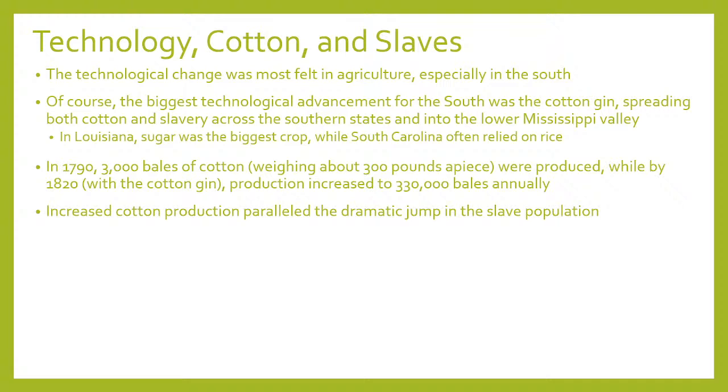Running it through a cotton gin wasn't nearly as difficult as sitting there trying to pick it out. You now need the whole growing process. In 1790, there were about 700,000 slaves. By 1820, it had doubled to 1.5 million. So maybe not quite the jump from 3,000 to 330,000, because that's certainly more than doubling, but that's still 1.5 million.